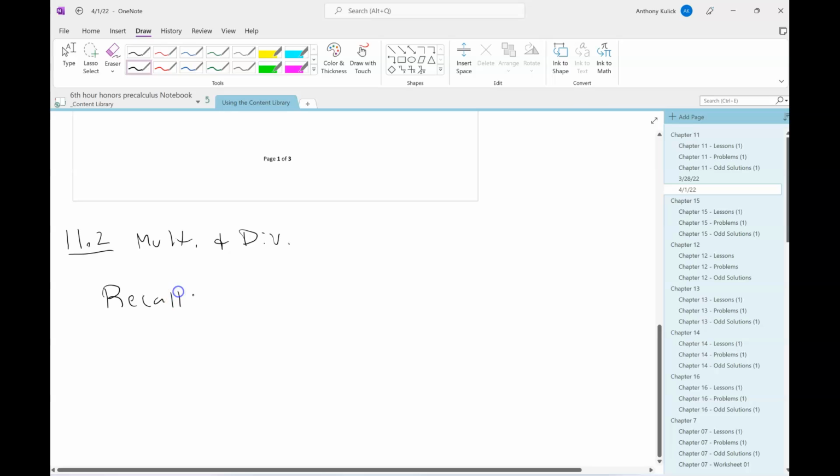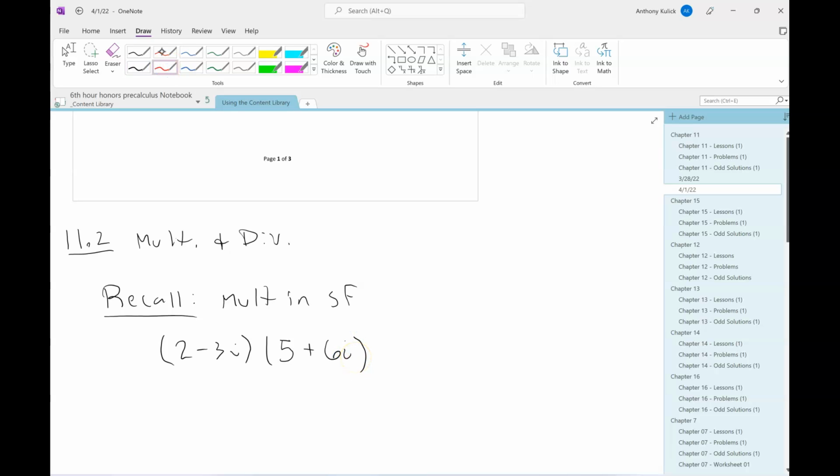So let's go back to last year. If I multiply two complex numbers in standard form, say I have 2 minus 3i times 5 plus 6i, how do I do that?